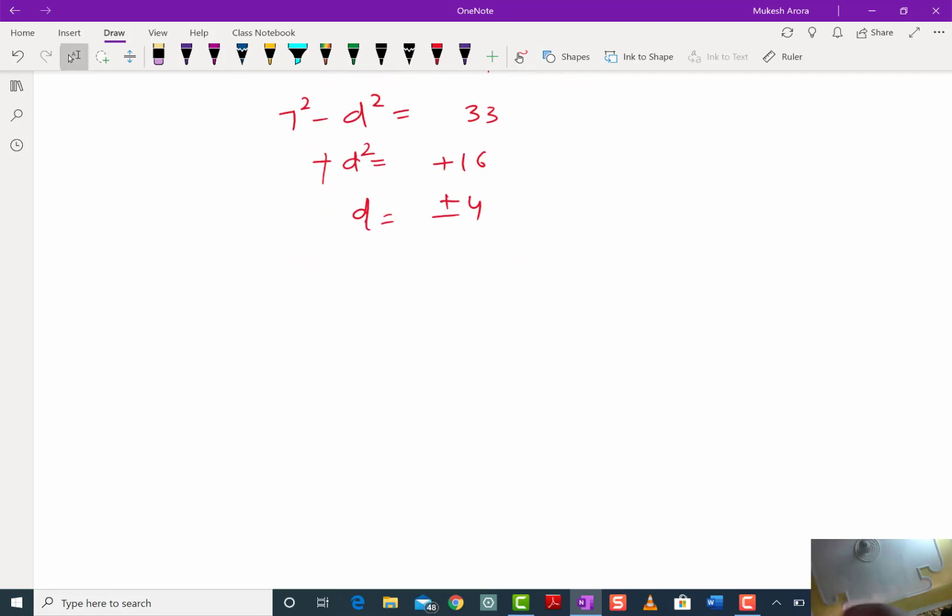Now we have two series. If d is 4 and a is 7, the first series will be 7, 11, 15. If d is minus 4, the first number will be 7 minus 4, 3, then 7, 11.